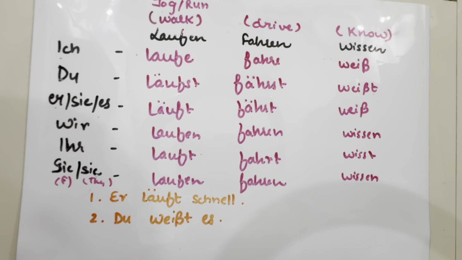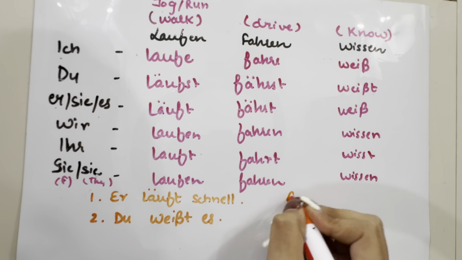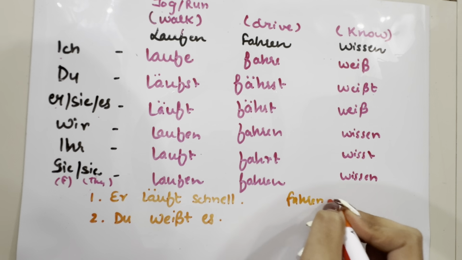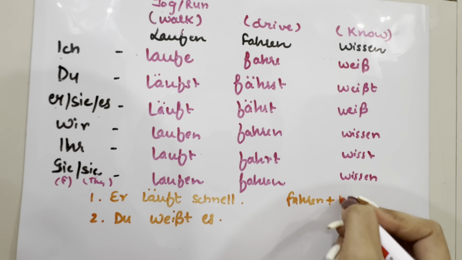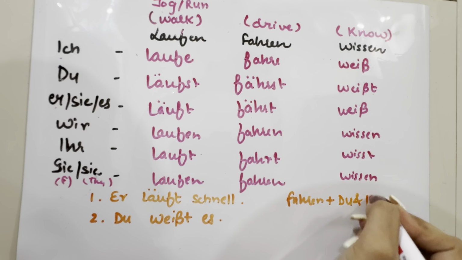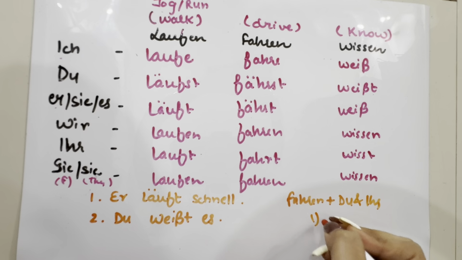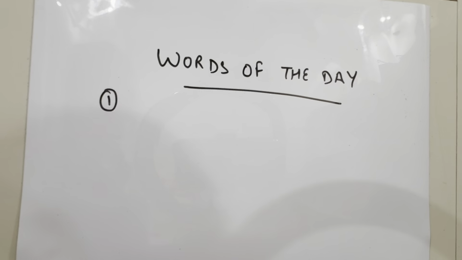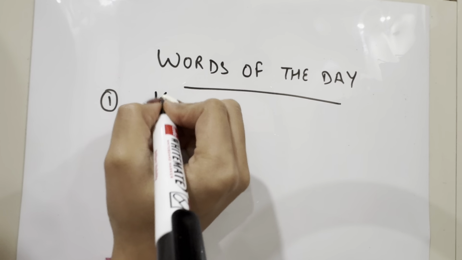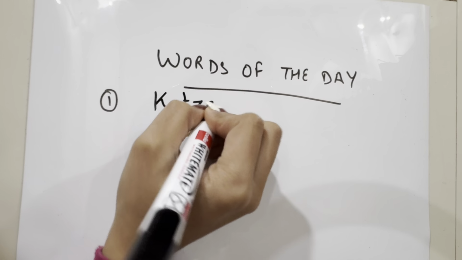Now I want you to make another example using fahren, with du and ihr both. One example with fahren and du, and a second example with fahren und ihr.